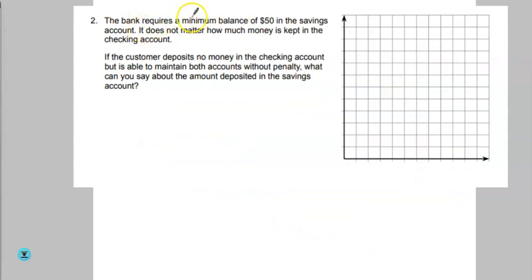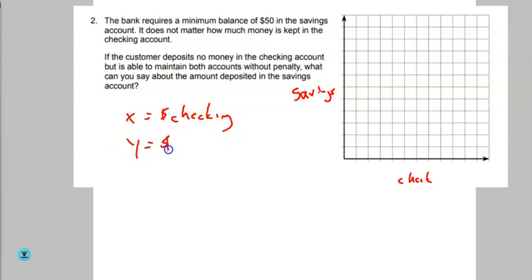Second situation, the bank requires a minimum balance of $50 in savings. So again, if this is checking, this is savings, then we know X equals money in checking. If we're going to define our variables, Y equals the money in savings.